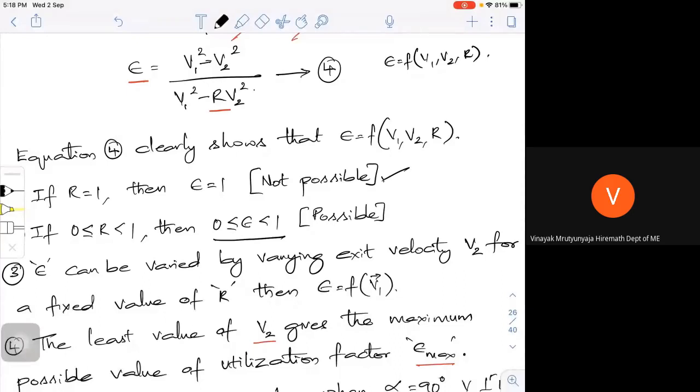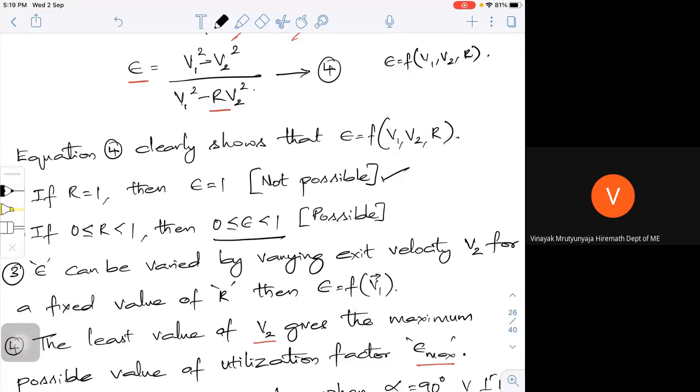V1 may be the velocity with which the fluid is entering, and if I want to utilize 90%, I want to utilize 100%, I can control the V2, and I can get an optimized value of V2. I can get the minimum value of V2. So an optimized value of epsilon can be obtained with the minimal value of V2 for a given degree of reaction. That's the significance of this expression.